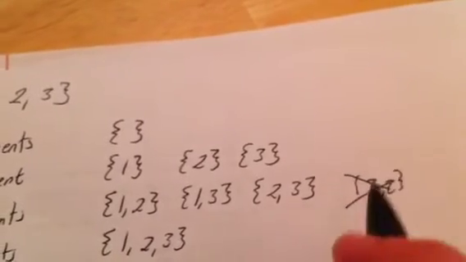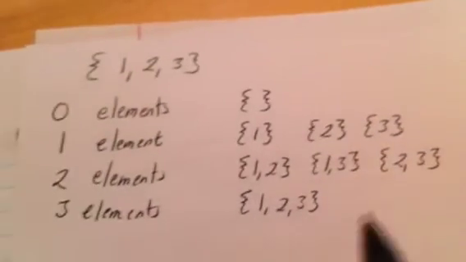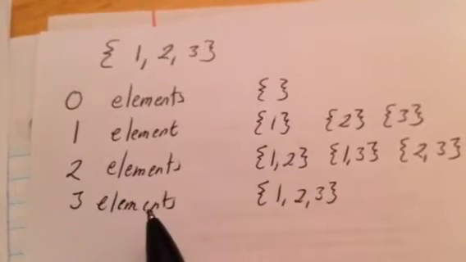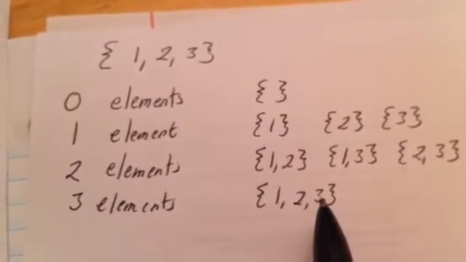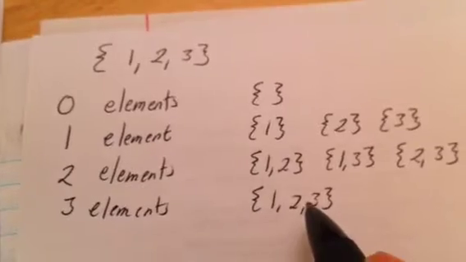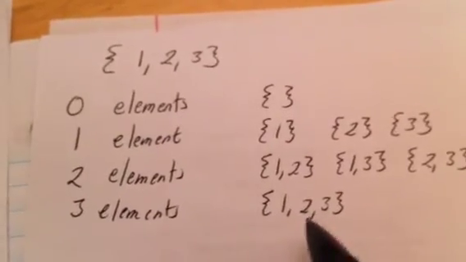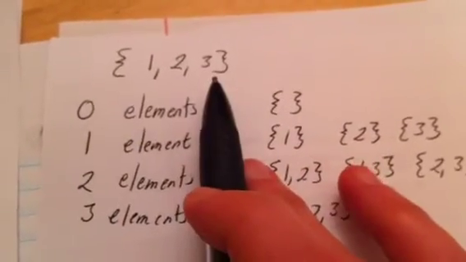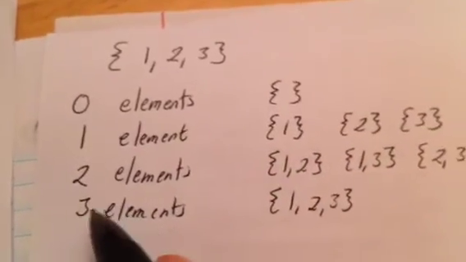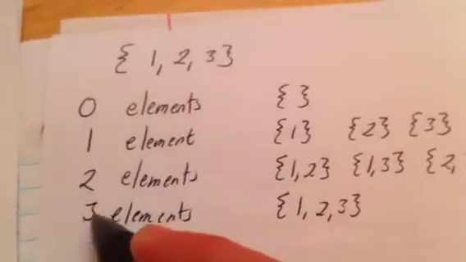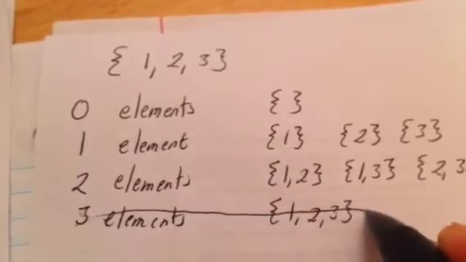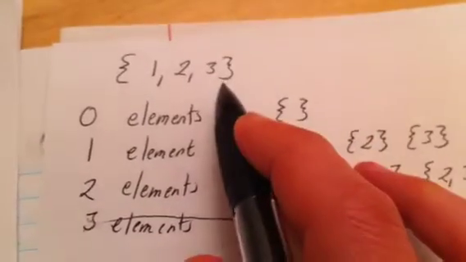The order doesn't matter. I went here and listed a set with 3 elements, 1, 2, and 3, but this isn't a proper subset because it's exactly equal to the original. So this is not a proper subset because it's the same as the original.